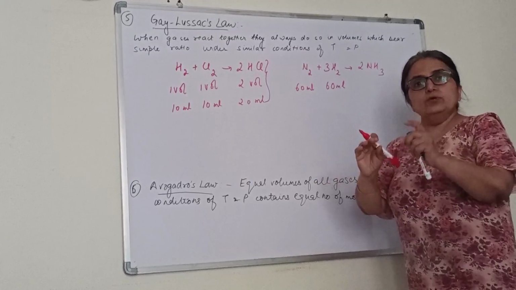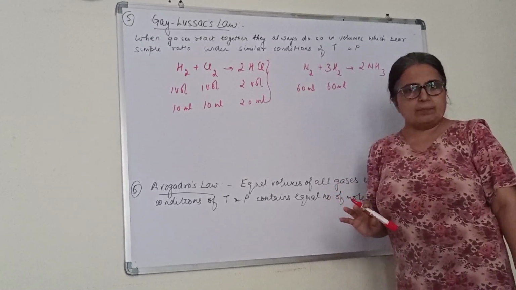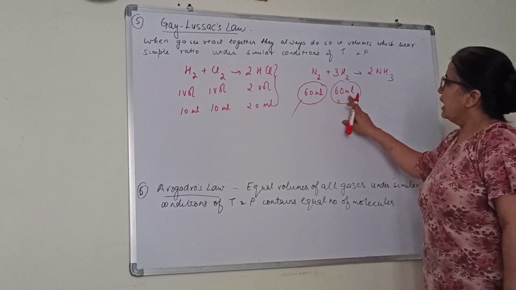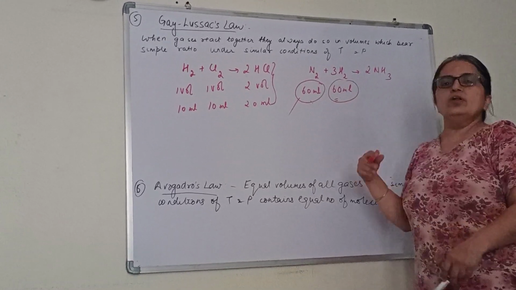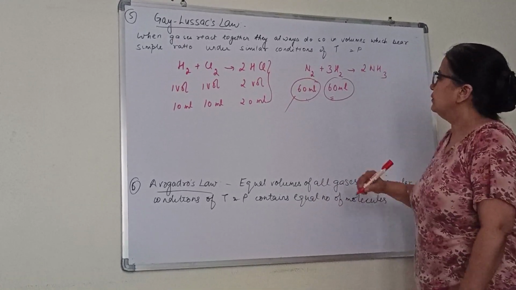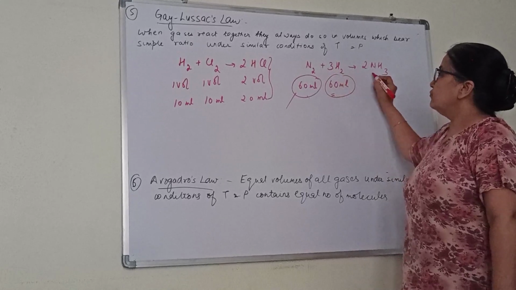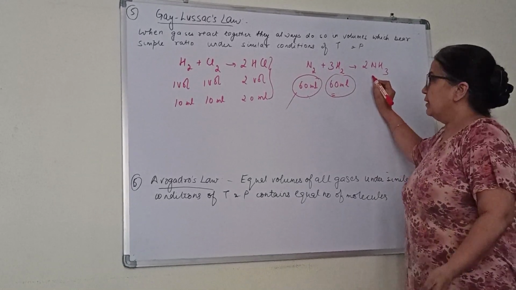What volumes of the gases will be left after the reaction is complete? If this is 60 ml and this is 60 ml, what amounts are left over? If we have to calculate this, then what will we do? They are reacting in the ratio 1:3 and forming 2 moles of ammonia, right?